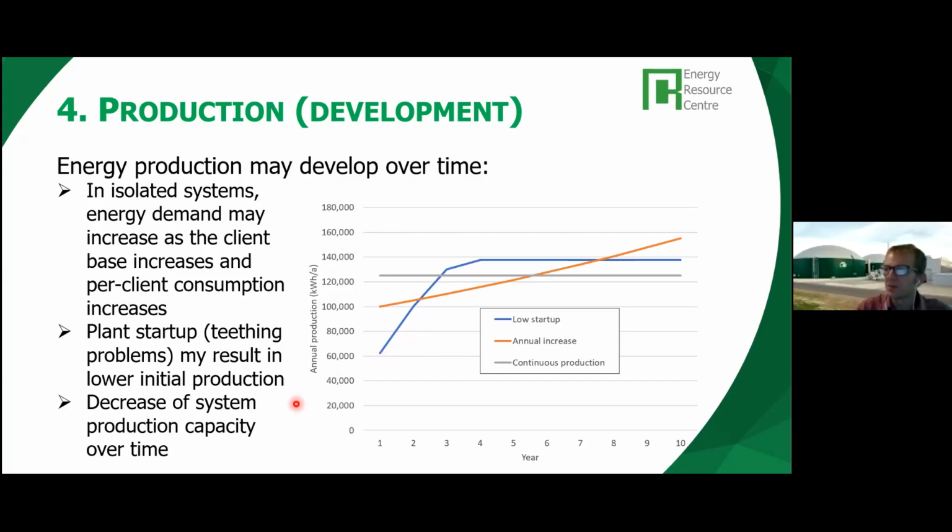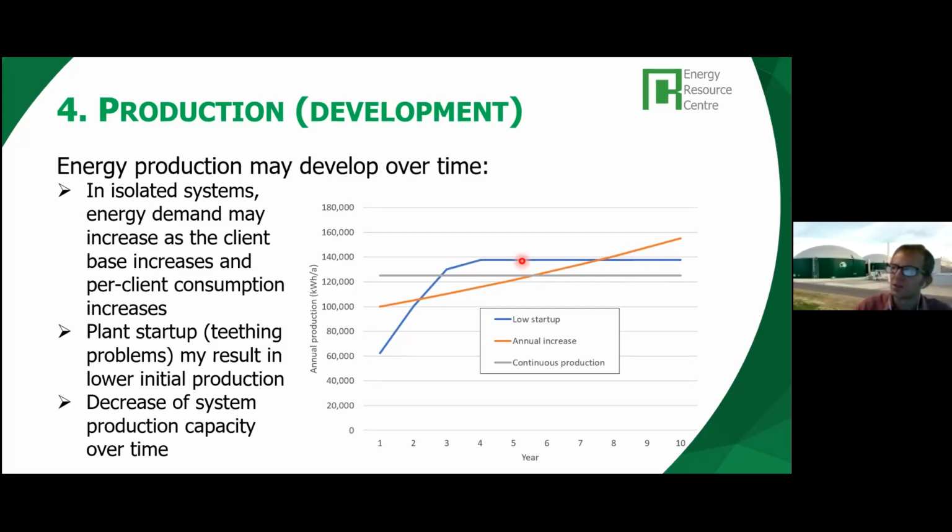Another mechanism is a decrease of the system capacity over time. It could be, for example, because of maintenance issues. If maintenance is not done correctly, then at some point during the project, you may see that the availability of equipment is reduced.